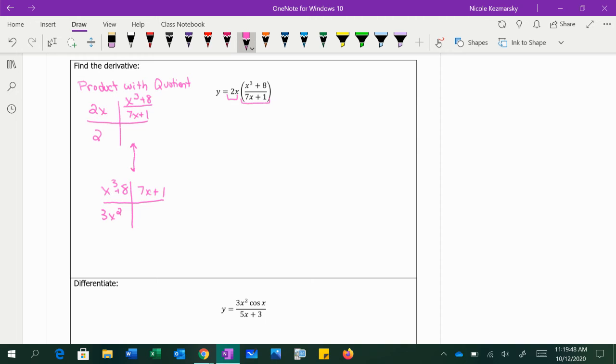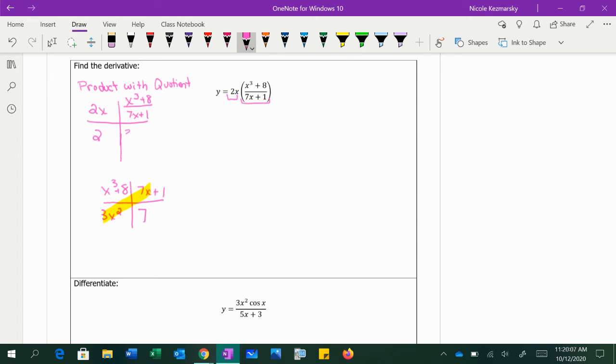Then I'm going to go ahead and do the derivative of 7x, which is 7. The derivative of 1 is 0. And so putting this back together in my box up here, I'm going to go lower left-hand corner.